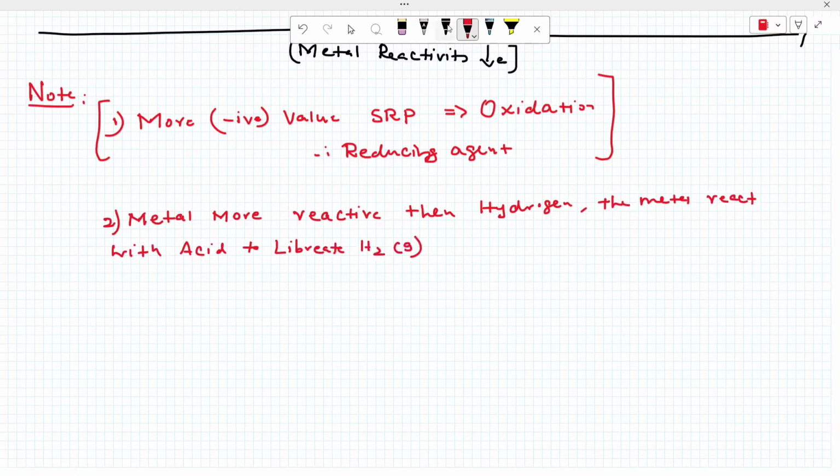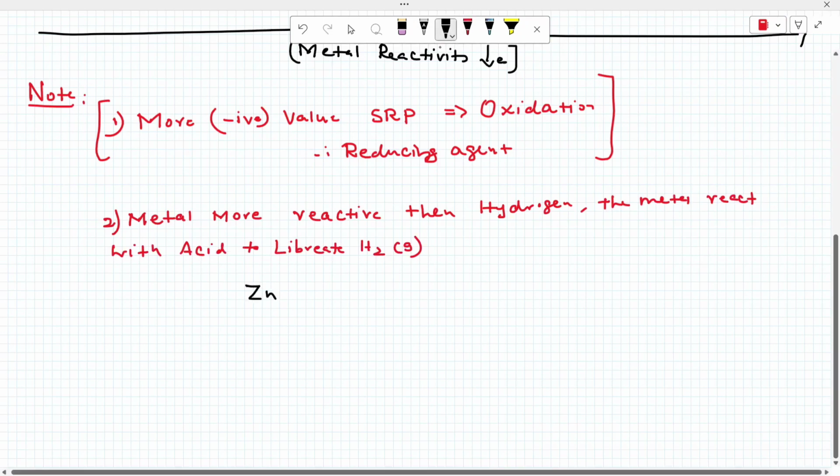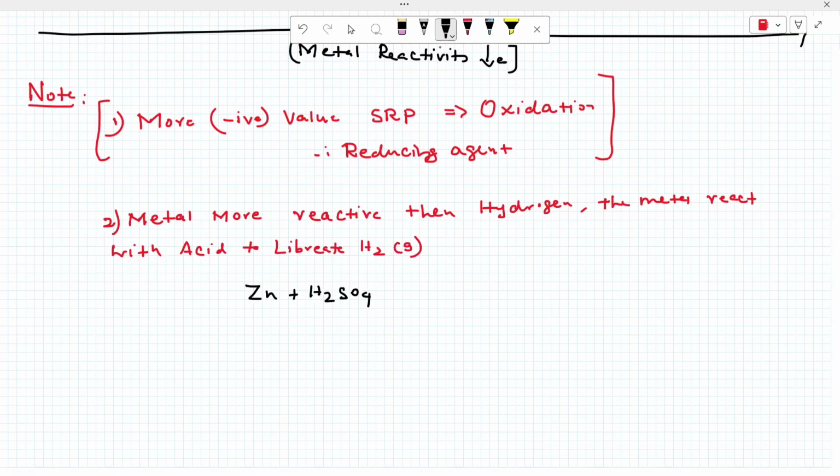Now tell me, in the reaction Zn plus H2SO4, is H2 gas released or not? Similarly, I take copper plus H2SO4. Among these two reactions, which reaction can give H2 gas liberation? Tell me, A or B? Anyone? Which reaction can release H2 gas?